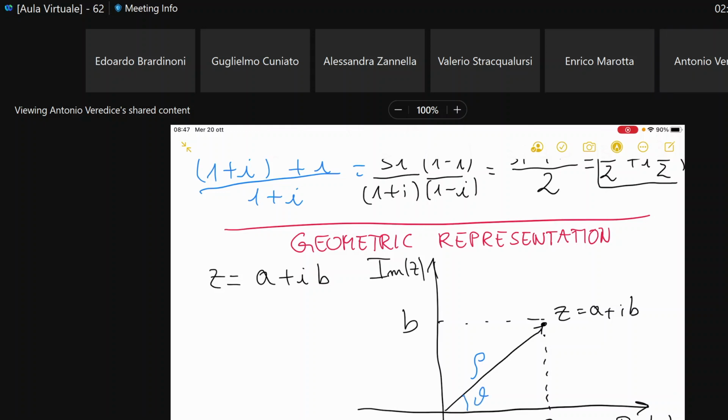We will use this second kind of representation because it is useful in computing other operations with complex numbers, like, for instance, the square. So the geometric representation leads to the trigonometric representation.